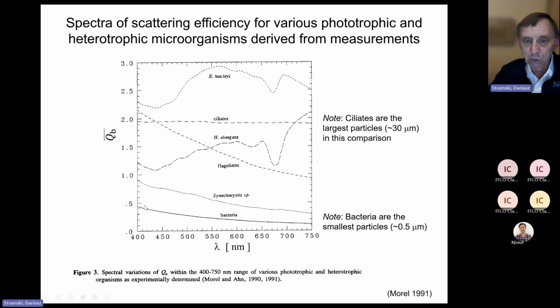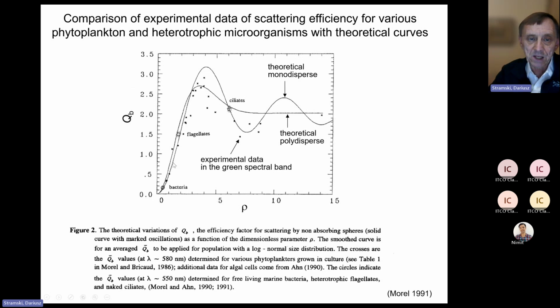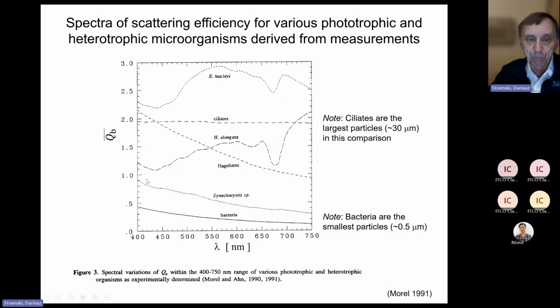And that's exactly what we see in the experimental data. Q sub B increases with decreasing wavelength, but the values of efficiency are quite low. If we go then to somewhat larger species, the rho values will be higher, but Synechocystis will still be in this ascending portion, so it will exhibit stronger scattering at short wavelengths than long wavelengths.